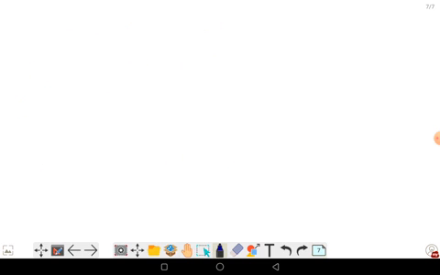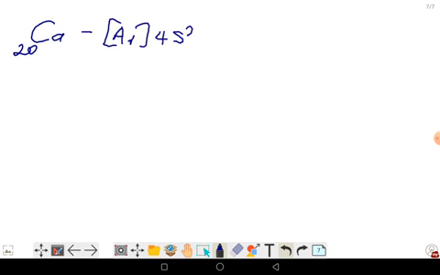So calcium is atomic number 20, which has the configuration of argon core 4s2, and potassium, atomic number 19, has the configuration of argon core 4s1.